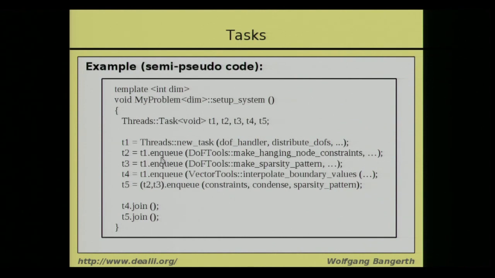That means the new task depends on t1, and it can execute after t1. This thing here, make sparsity pattern, can also run after 1. Interpolate boundary values can also run after 1. Constraints.condense can run after 2 and 3, and it returns an object t5, and then I can join these things again.